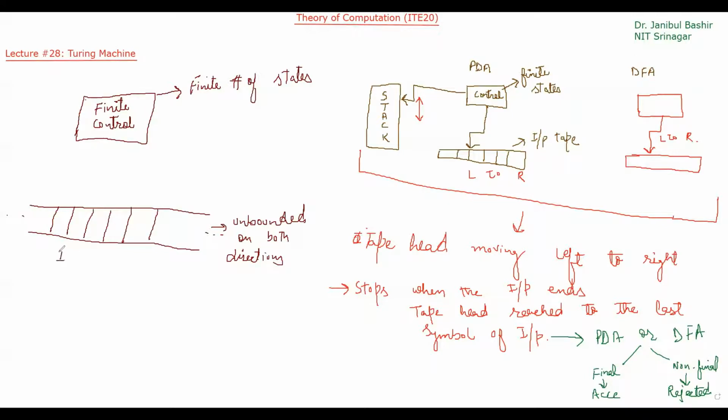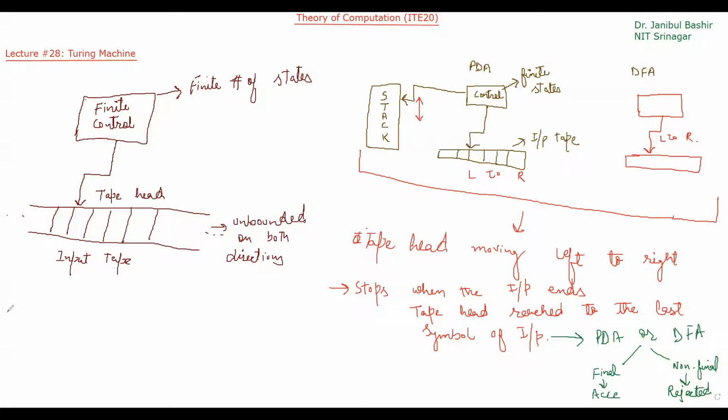Let me write it. It is our input tape. And this finite control has a tape head attached to the input tape. So this is the tape head. These are the components of a Turing machine.